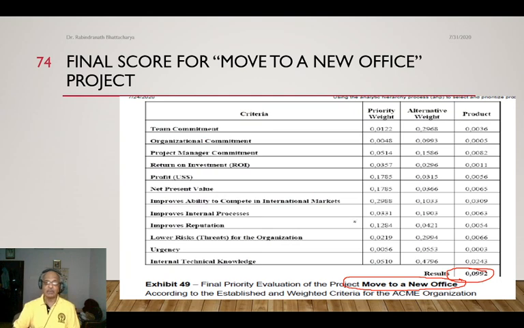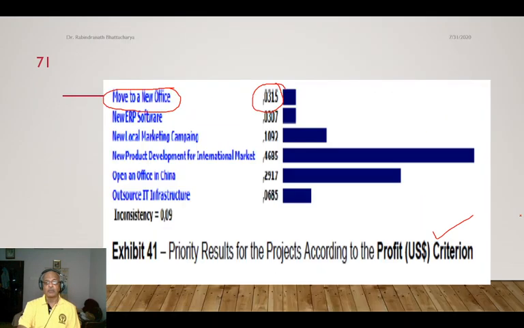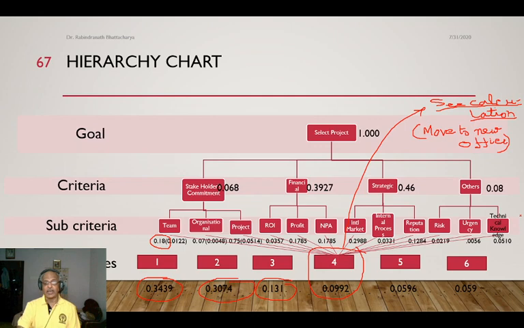So I've given calculations for this one, for this move to new office, which comes to 0.0992. So I'll go back to the previous slide, hierarchy chart. This is the chart, move to new office.